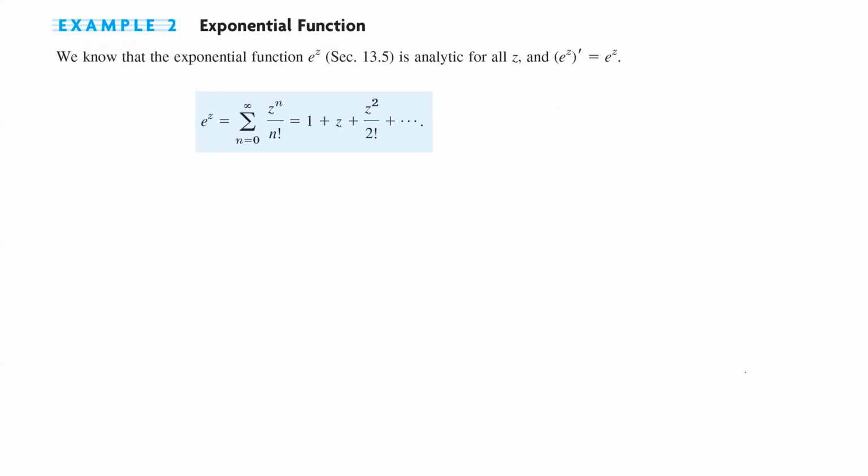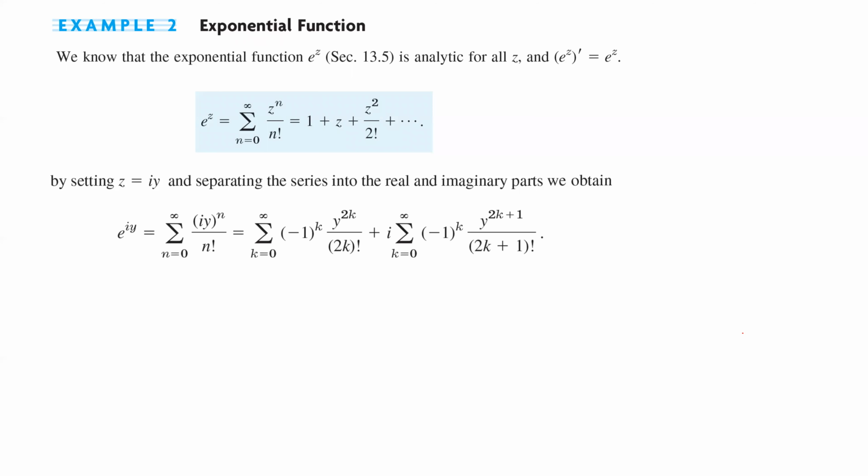e to the z is the sum of z to the n over n factorial. I already talked about that when I was talking about the exponential form of complex numbers. And remember, the book talks about it right here. By setting z equal to iy and separating the series into real and imaginary parts, we have e to the iy equal to the sum of (iy) to the n divided by n factorial. As I said, there are even powers and odd powers.